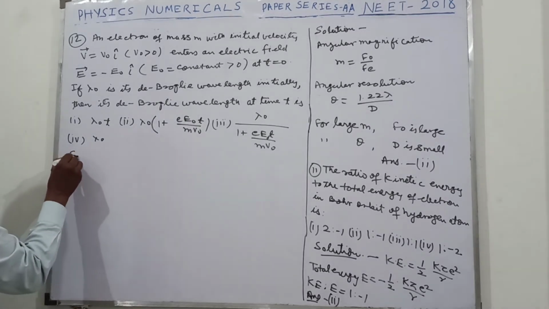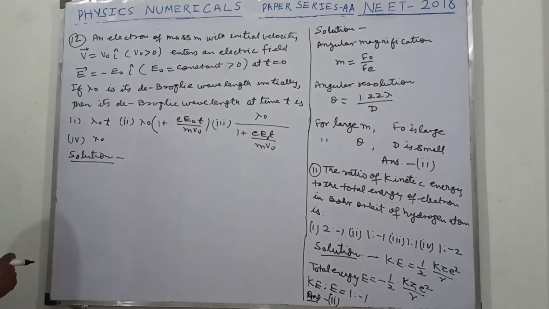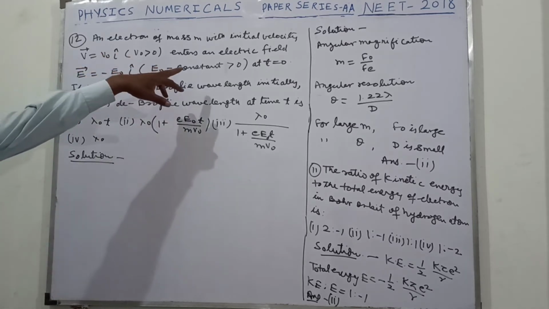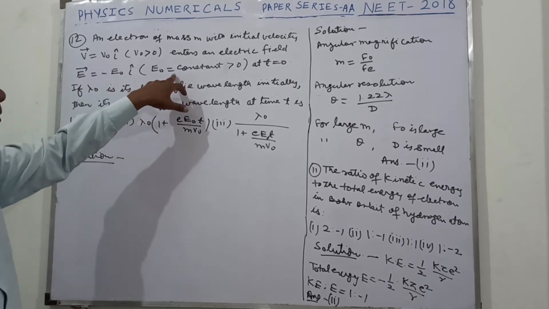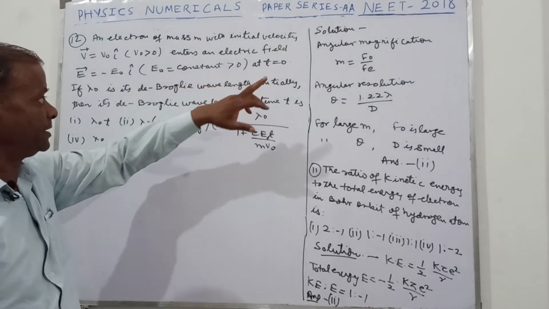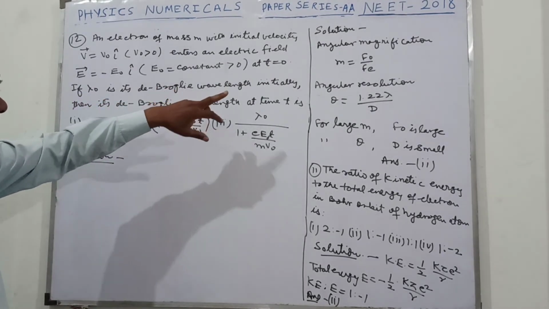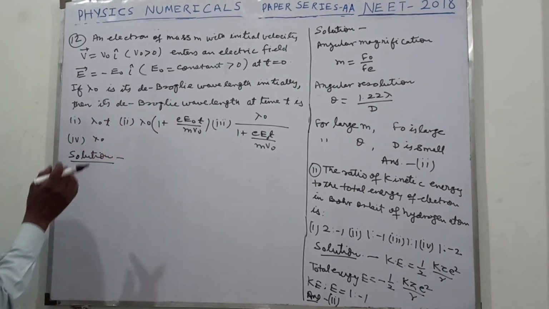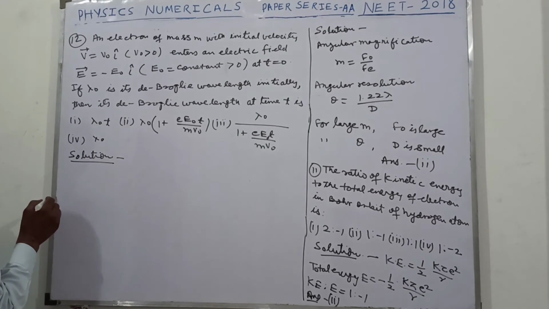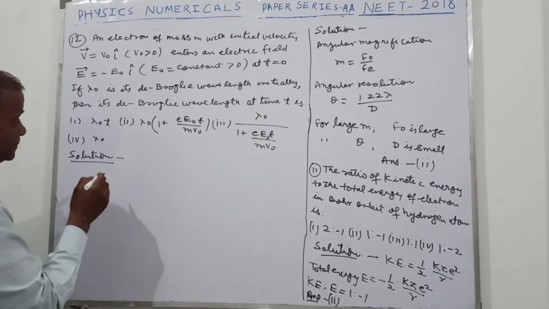Now the solution. You have the electron of mass m with initial velocity entering the electric field given by E naught, a constant greater than 0, at time t equal to 0. Lambda naught is its initial de Broglie wavelength, and we need its de Broglie wavelength at time t. So now the electric field is acting there.